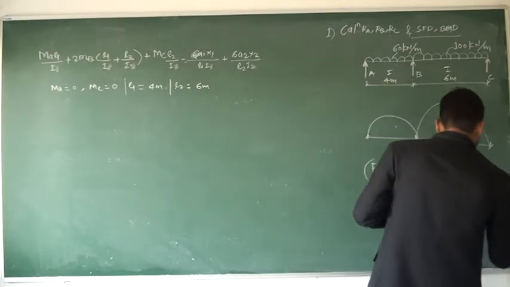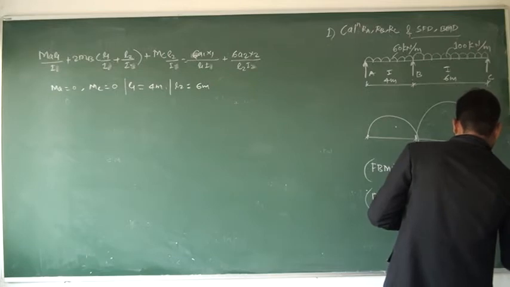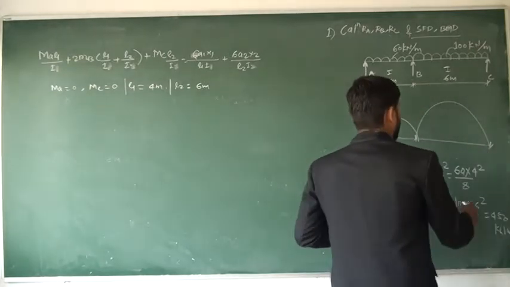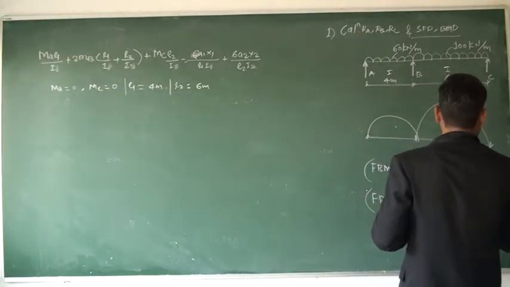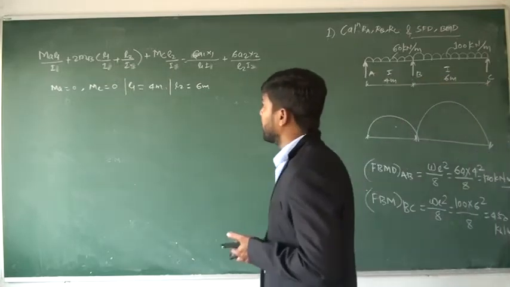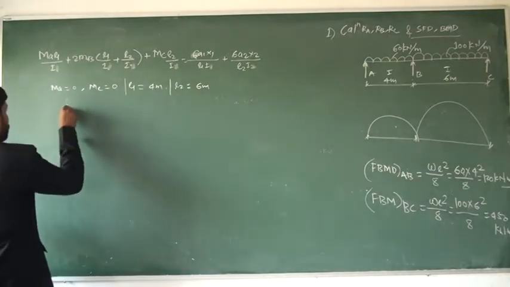If you calculate 100 into 6 square divided by 8, you will get 450 kilonewton meter. And if you calculate 60 into 4 into 4, 16, divided by 8, it's 120 kilonewton meter. Now A1 and X1 calculation.